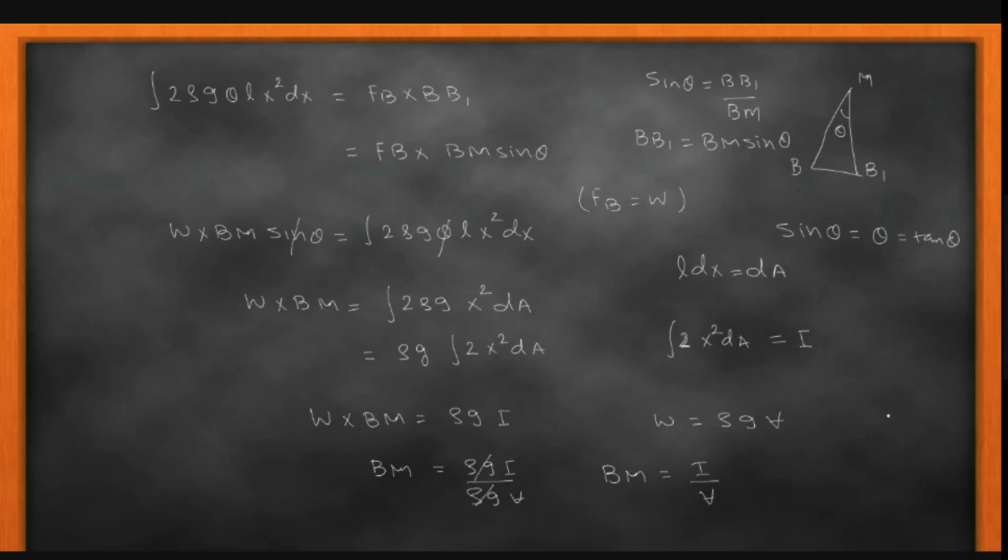Furthermore, if we go for this geometrical discussion, here it is M, here it is G, here it is B. So we know that BM equals GM plus BG. Now if we put down the value of BM, which is I by V, BM equals GM plus BG.